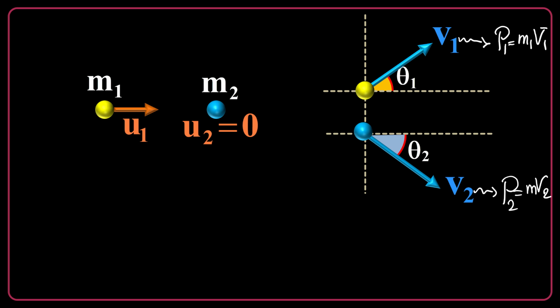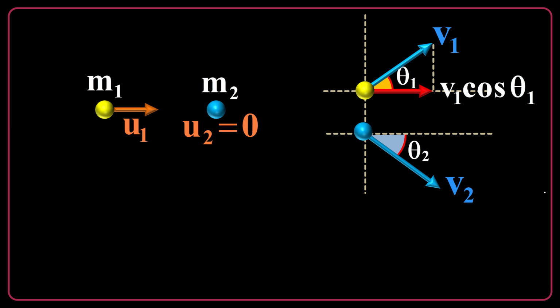If I decompose the velocity, I can easily decompose the momentum accordingly. So let's continue with velocities. Here v1 will have a horizontal component v1 cosine of theta 1. Likewise for the other one, I will have v2 cosine of theta 2.